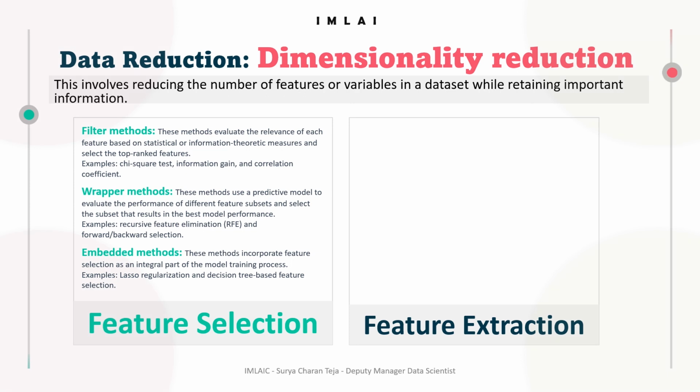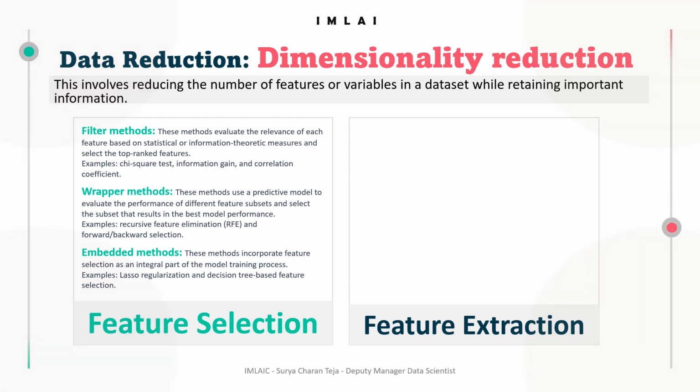So you don't need to use a specific method to select the features. If you take a decision tree model, it has embedded methods to select features. These are the three techniques used in feature selection.